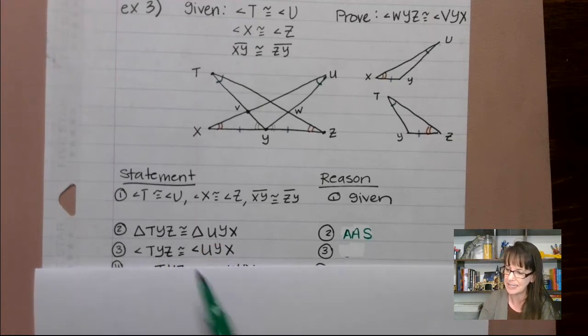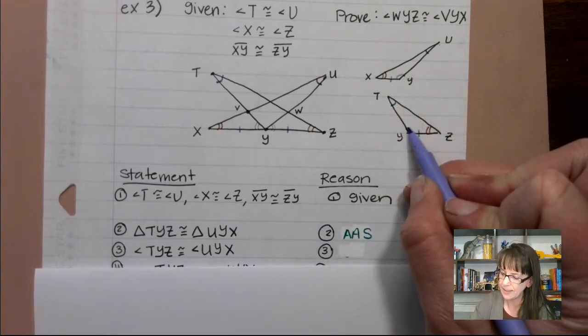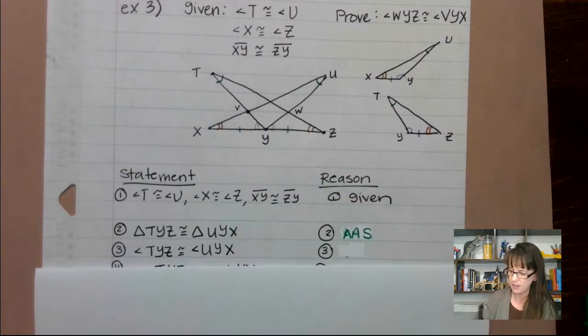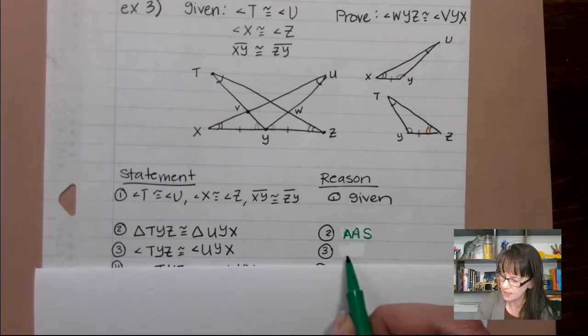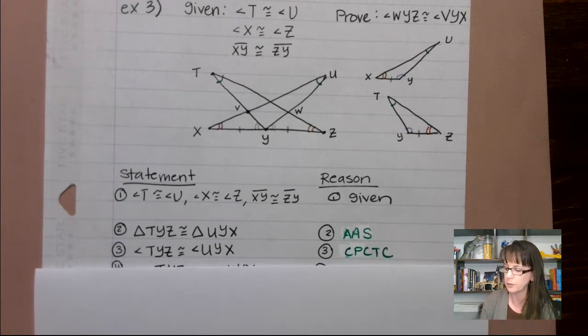So I can say TYZ, and I'm running out of colors here, that's going to be this angle and this angle are congruent, right? So those two angles are going to be congruent, because corresponding parts of congruent triangles are congruent.